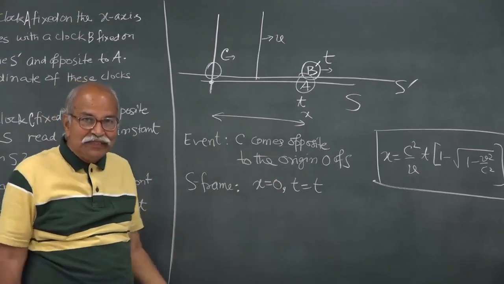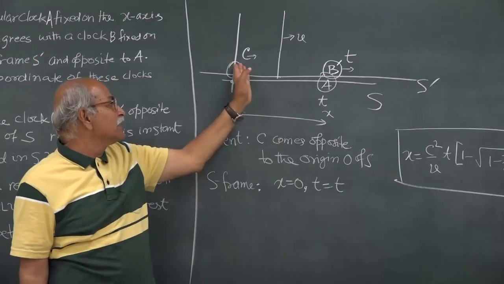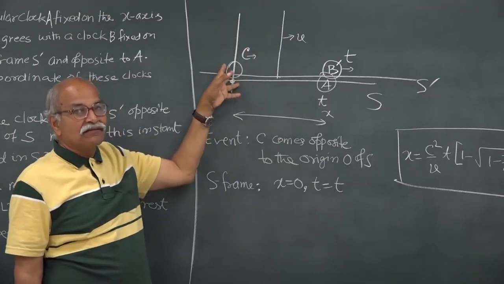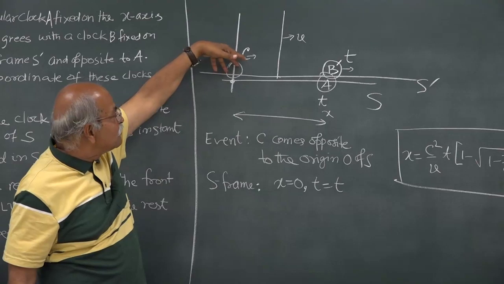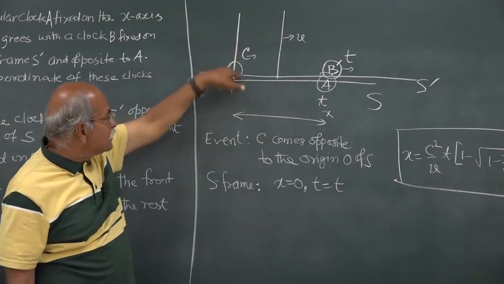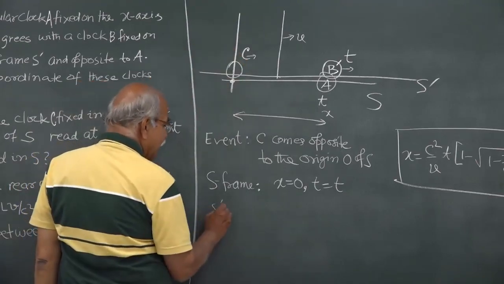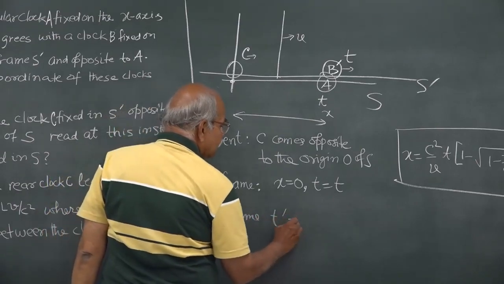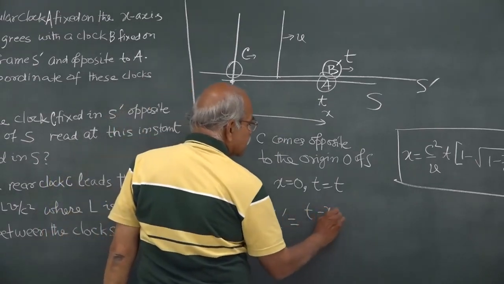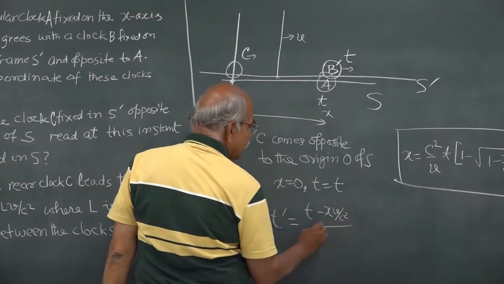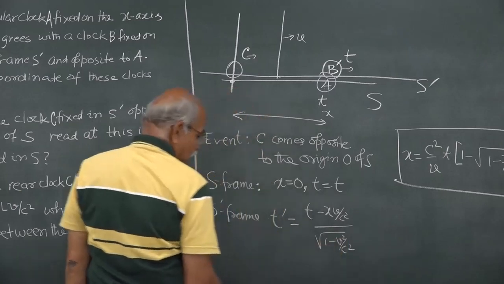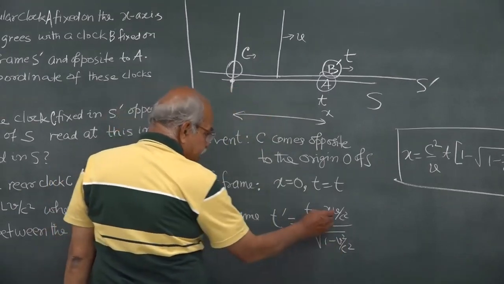So, what should be t prime? What should this clock read? According to S prime, when did this event occur? And that will be read by this clock, because this clock is here. So, in S prime frame, you will have t prime, which is t minus x v by c square, divided by square root of 1 minus v square by c square, and x is 0.